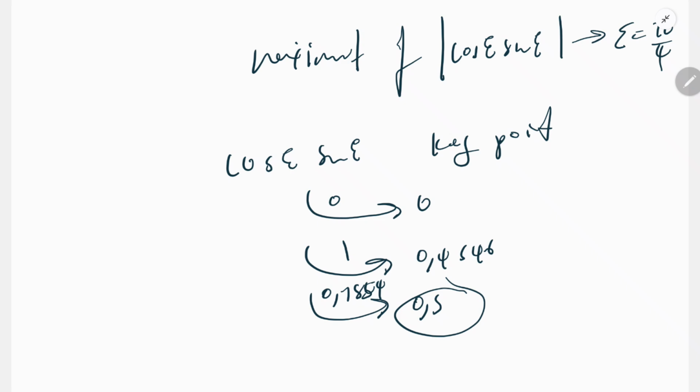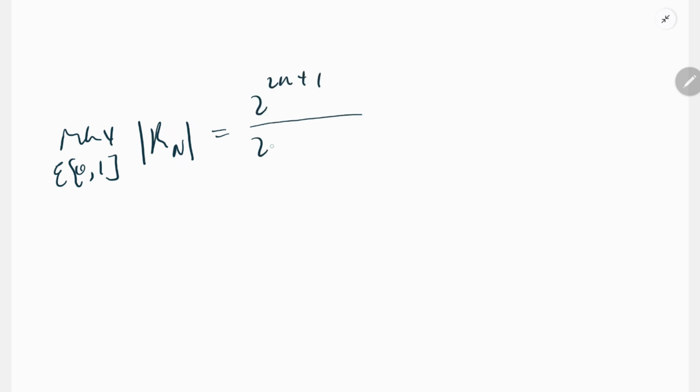So let's move on. What I'll be doing now is trying to maximize this on this interval. Remember it's closed here. Rn is equal to 2n plus 1 all over 2n plus 2 factorial. Let me go check the question.